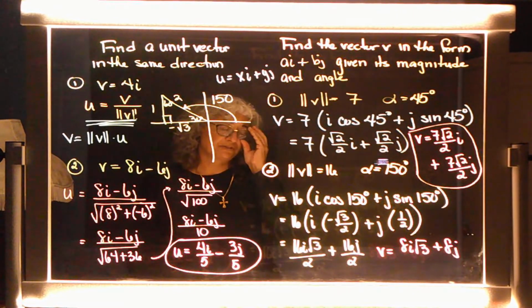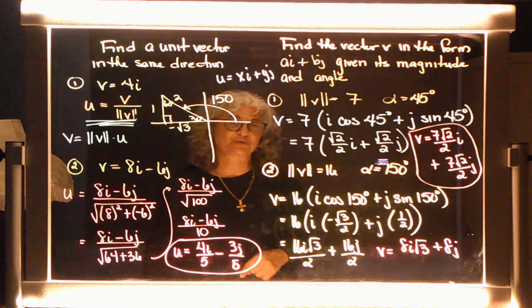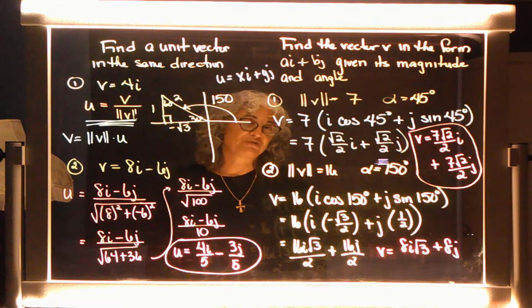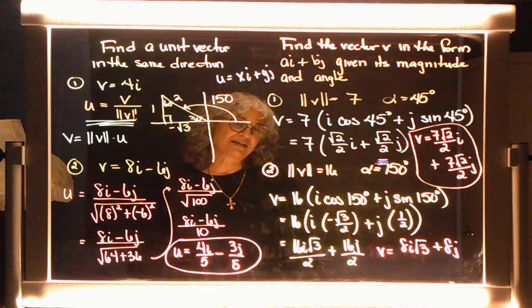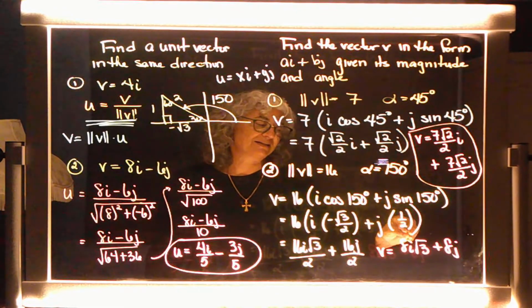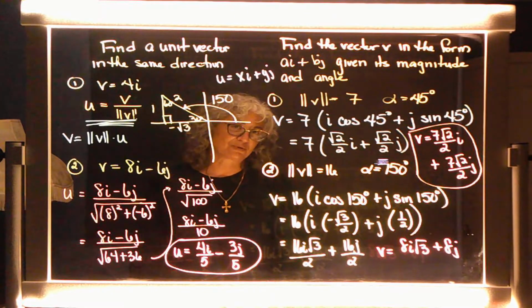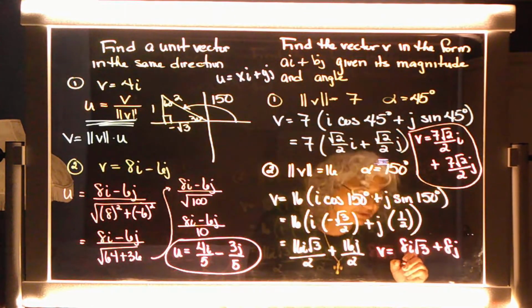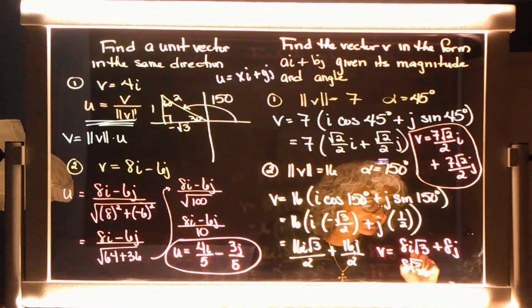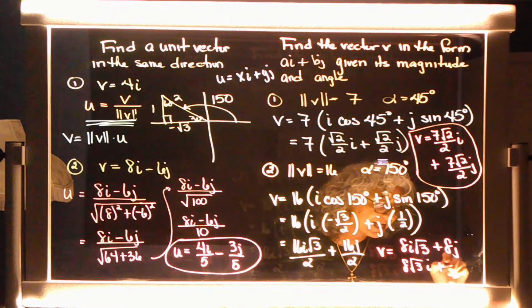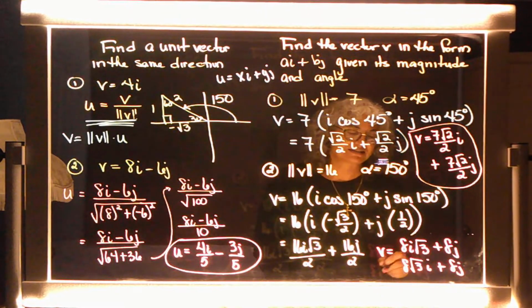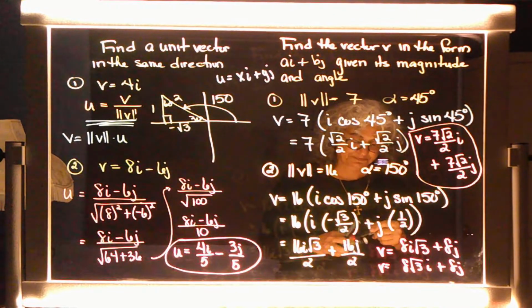Now, the authors of the book are going to write the i after the square root of 3. I like writing it before because in case I get too excited and I push the square root out too far, then it's going to look like the i is under the square root. But I'm going to tell you right now, your authors of the book will write it and make it very obvious that the i is not under the square root.